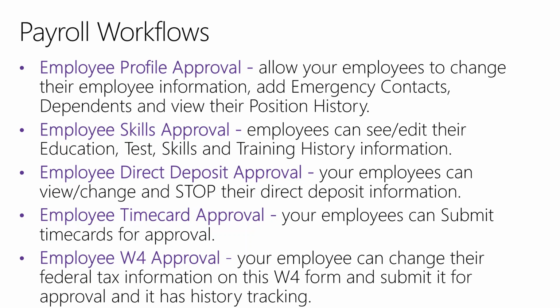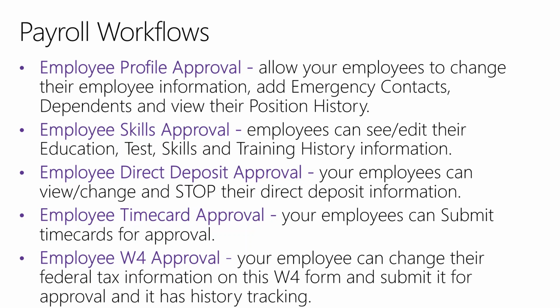Employee skills approval, so skills, testing, education, they can make those updates and route them. Employee direct deposit approvals, so they can view and change their direct deposit information, maybe split things out between a checking account and a savings account, or could potentially stop their direct deposit if you chose to let them do that.